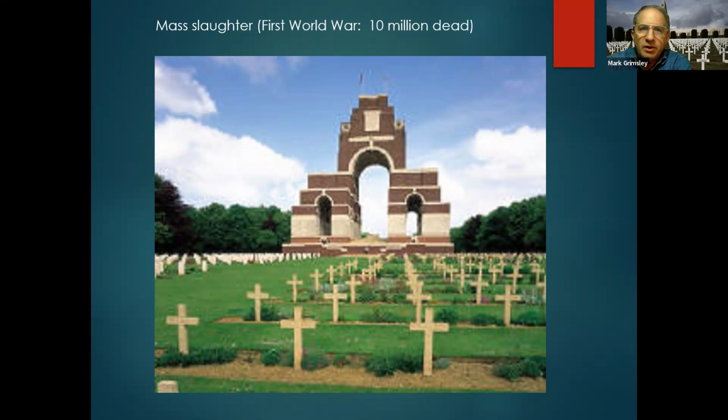And this idea of mass slaughter is interesting in as much as nationalism, and the idea then that a nation, all the people in a nation, needed to sacrifice on behalf of their country.